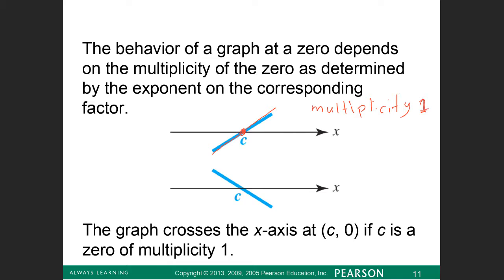Okay, so same thing when you have something like this. This one is the increasing part. The other one is the decreasing part. So when the line is just passing through like that, you will have a multiplicity of 1 there for the 0. So remember, 0 means x-intercept.